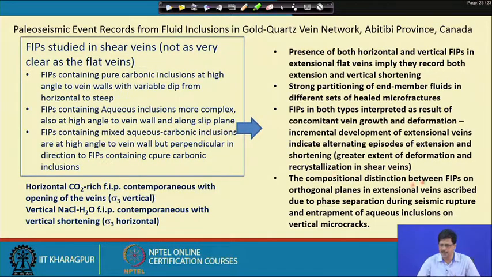So, these deformations are essentially seen as syn-depositional rather than post-dating the formation of the veins, but they keep on happening during the growth of these veins in different phases, which are very clear from the microscopic observations of these veins and also from the fluid inclusion planes.